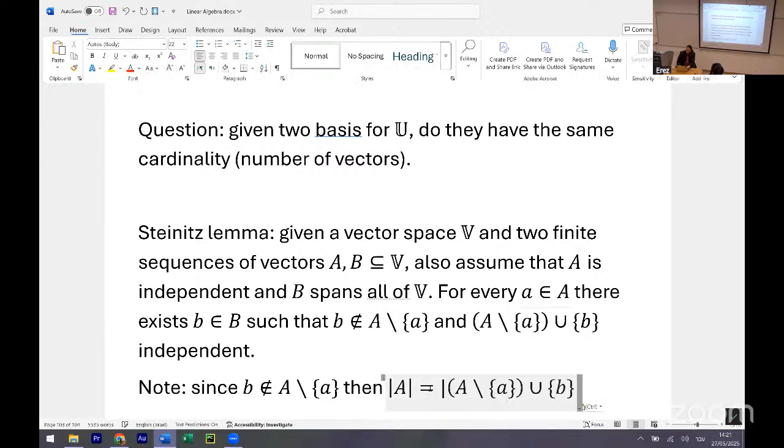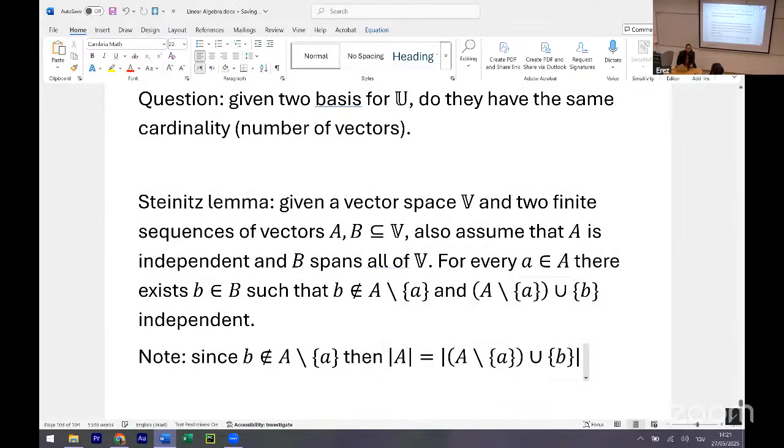Why do I need to be able to do such a replacement? You will see afterwards, but that's what I wish to do. For every element of A, I can replace it by some element of B. Later you will see why that ability is important.